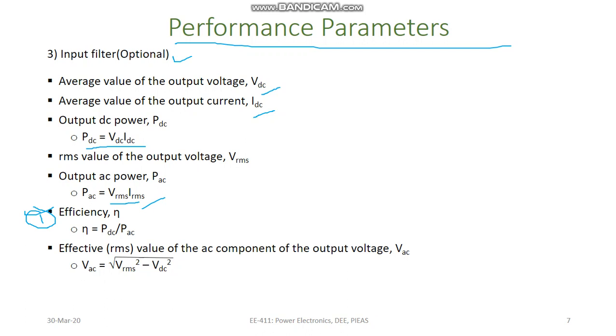Efficiency is defined as the ratio of DC power to the AC power, which means that whatever AC power has been applied from the input side must be completely converted into DC power. That is, there are no losses and no harmonics in our system, and all the power being delivered is real power, with no reactive power and nothing else.